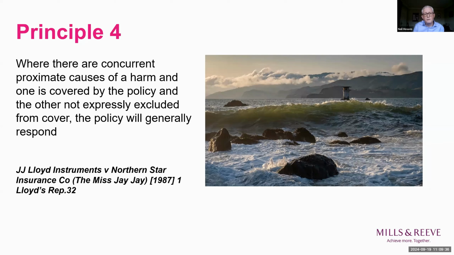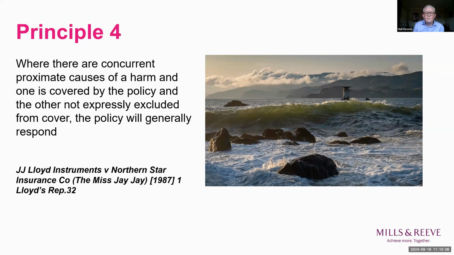First was the fact that the boat had been poorly designed and constructed, and the second was the rough seas which the boat ran into, and apparently the waves it started hitting were over the size of a house. The conclusion reached by the Court of Appeal was that the insurer was required to pay out under the policy in circumstances where one of the proximate causes, in other words, the impact of the rough seas, was covered, and the other, the vessel's poor design and construction, was a peril that wasn't expressly excluded.